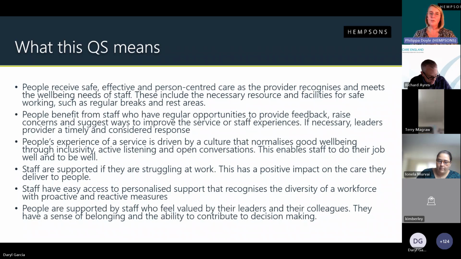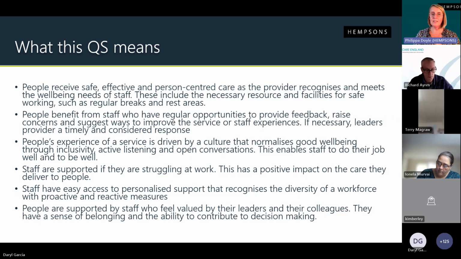And that leads on to the next bullet point as well, that staff are supported if they're struggling at work. And so this has a positive impact on the care that they deliver to people, because they see that their employer cares about them, and so they are more able and more facilitated to care about the people that they're working with as well. It's that symbiotic relationship, because staff are so important in the service.